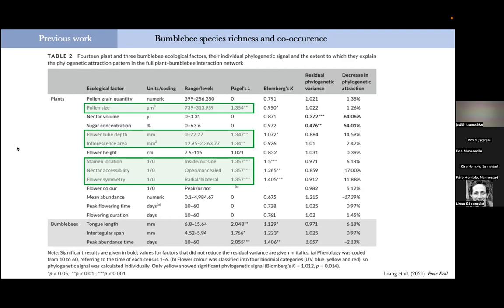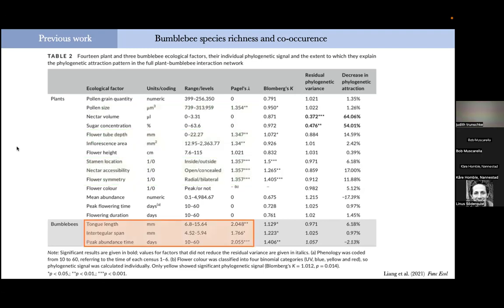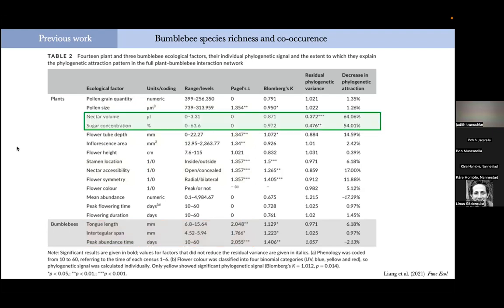So quite a lot of traits have a phylogenetic signal. So they are common and conserved in related plant species. And for the bumblebees also, tongue length and intertegular span, so the distance between the wings, and the flight time has a phylogenetic signal.